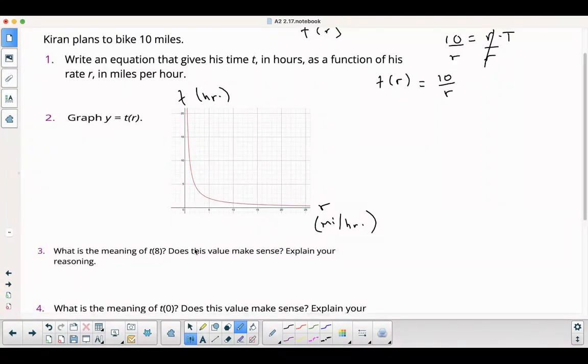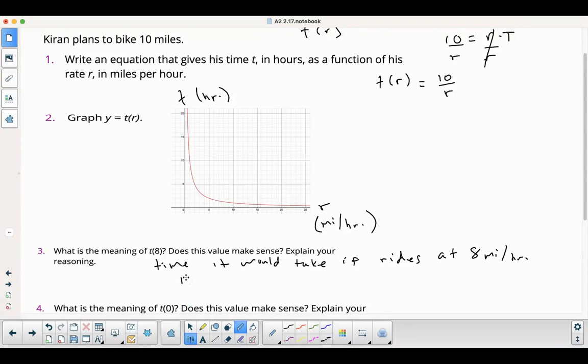All right, what is the meaning of t of 8? So that's the time it would take if she rides at 8 miles per hour. Okay? So does it make sense? Explain your reasoning. So I'm going to plug that in.